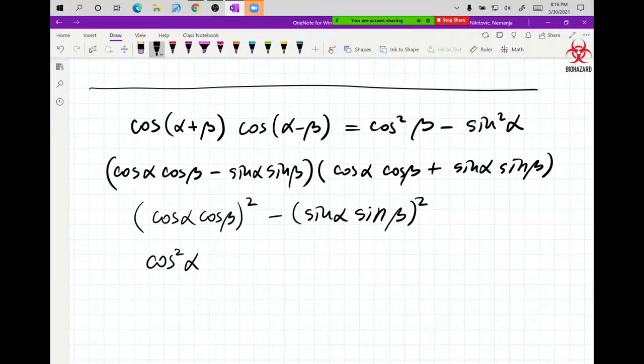Cosine squared alpha cosine squared beta minus sine squared alpha sine squared beta.